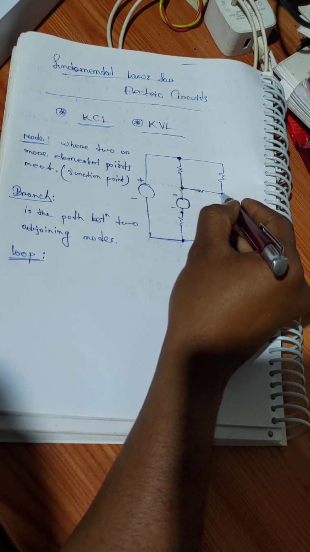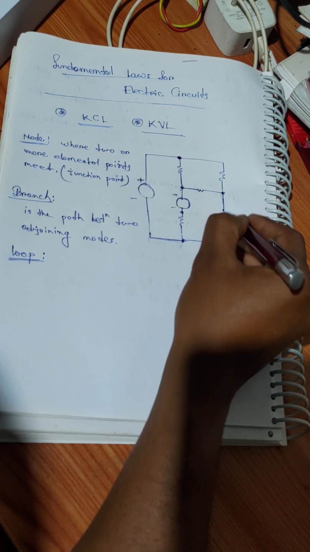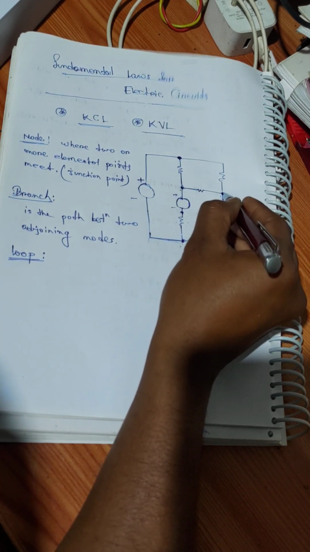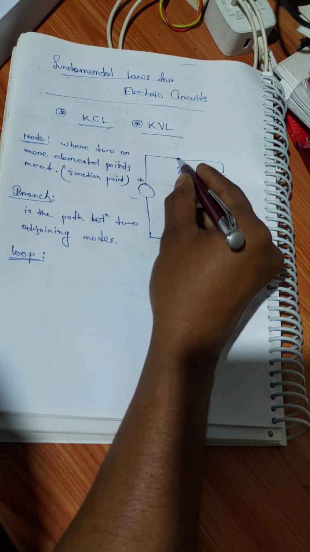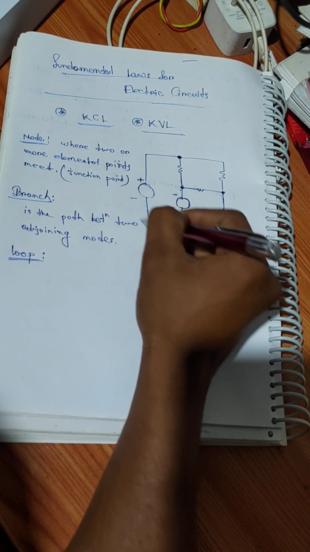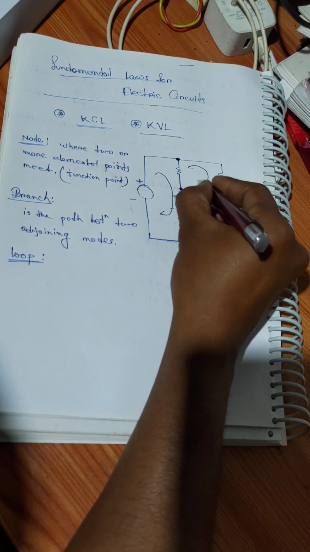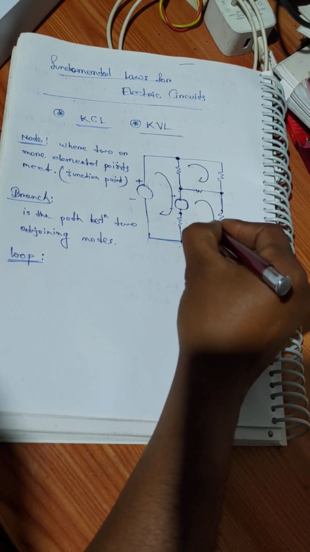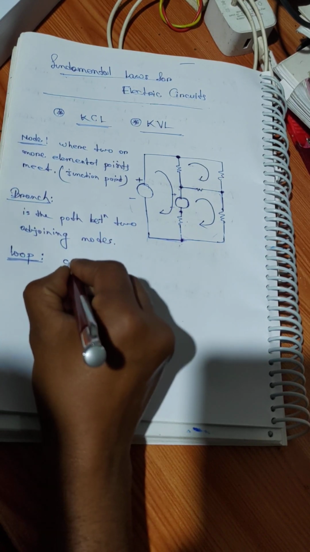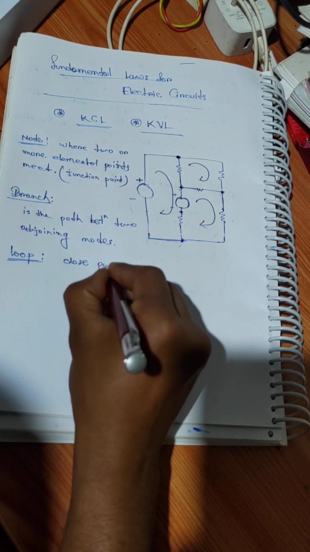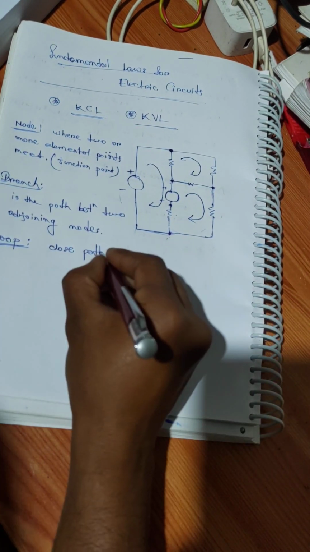It's a closed path. So this is one loop. Or we can go from here, this is also one loop. We'll start from this node, we can come to this. So let's say this is one loop. It's a closed path.